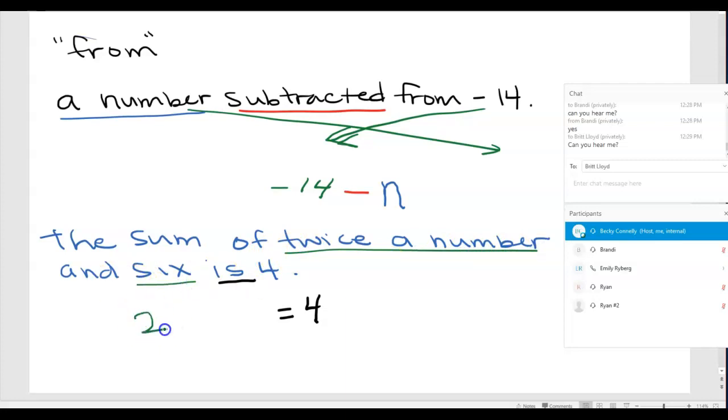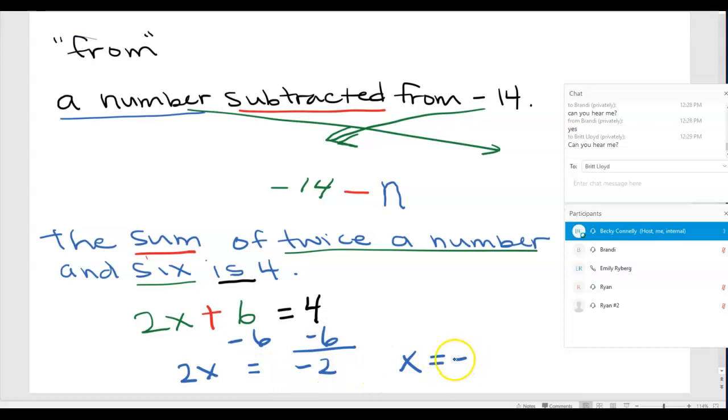Great. That's exactly right. Okay. So x equals negative 1.